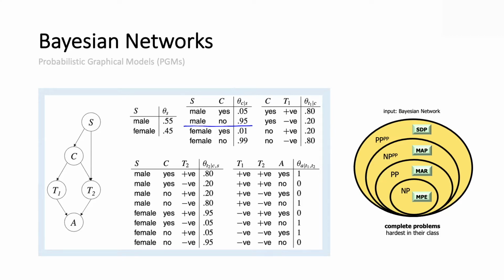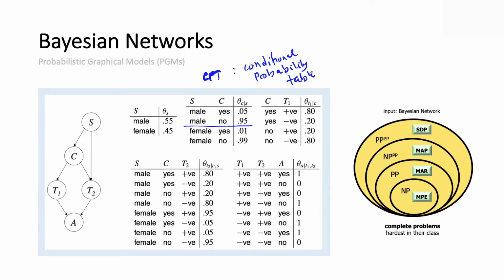Given that the person is male, the distribution over C is this: have the condition, does not have the condition. For female, it's this distribution. And this table here is known as a CPT, or a conditional probability table.